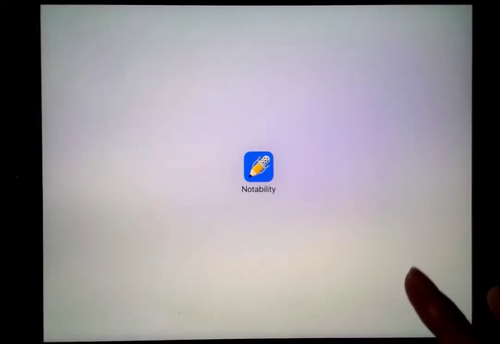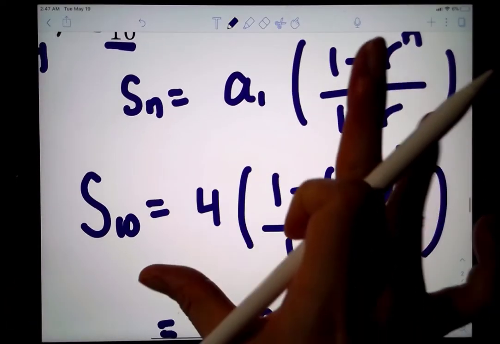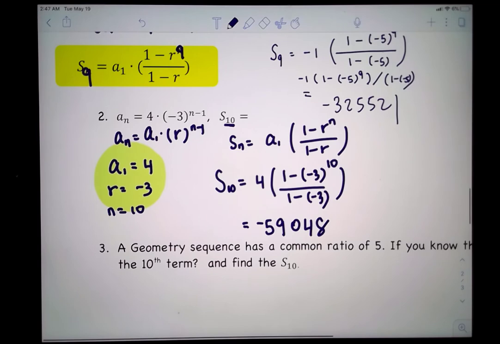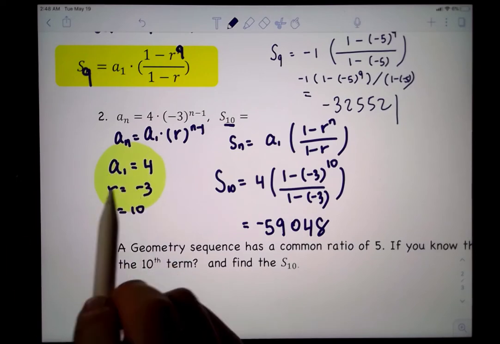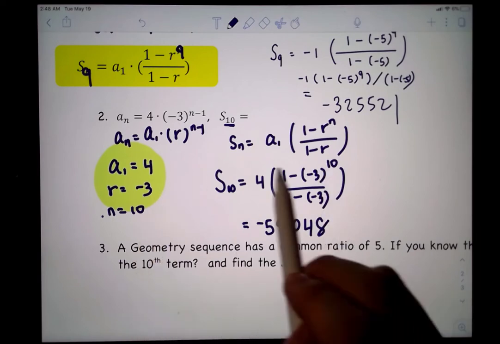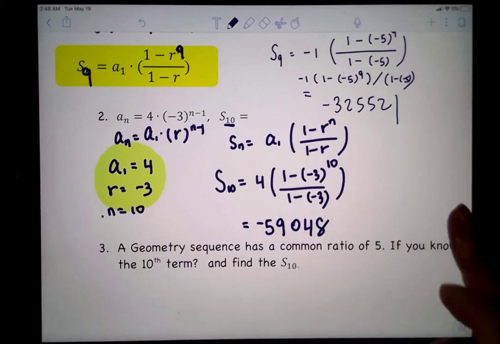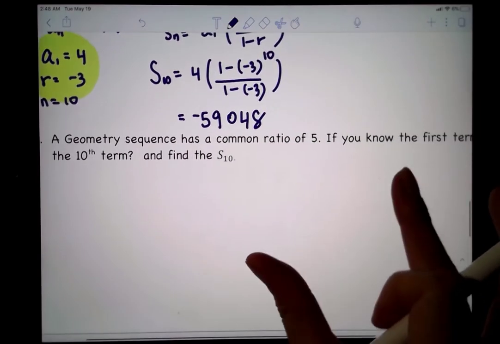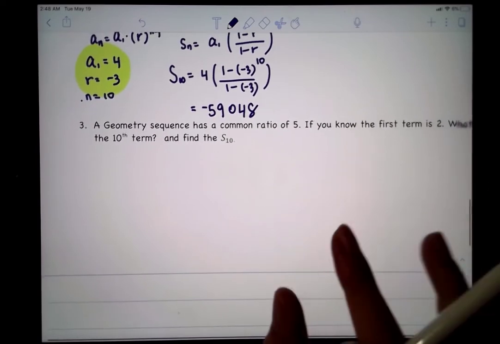Okay, so today's lesson we are applying the formula to the question. Just plug in the values. All you need to do is find A1, r, and term number n, and then put it into the formula. That's it.